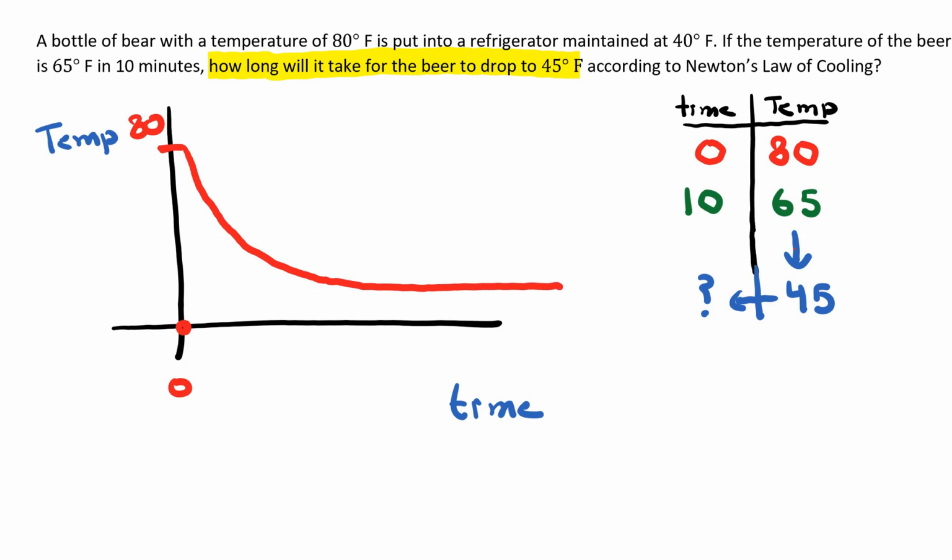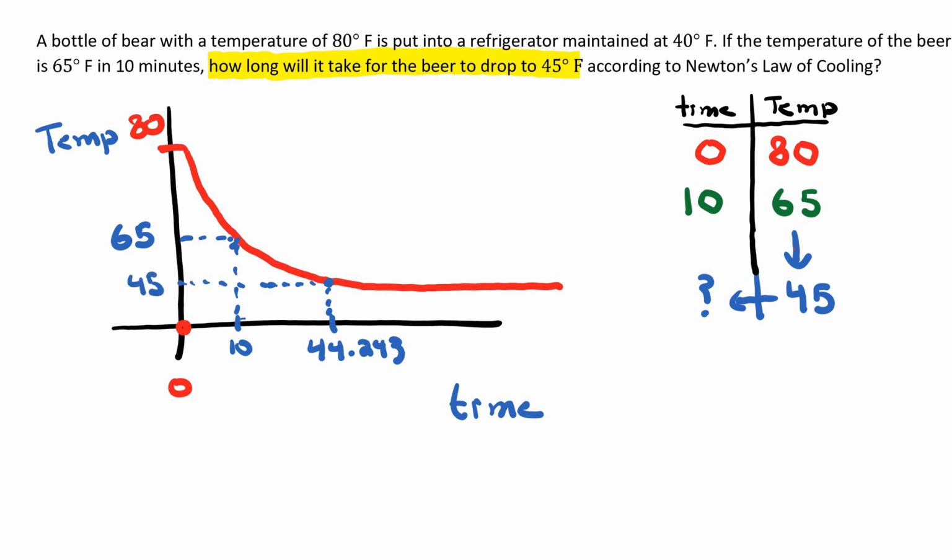If we had to plot the points here, say this is 10 minutes right here, maybe this is going to be 65 degrees Fahrenheit, and the answer that we found was 44.243. If I level that on the graph, this temperature would now be about 45 degrees.